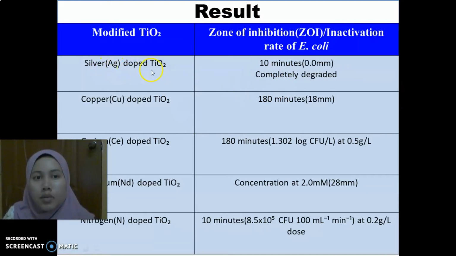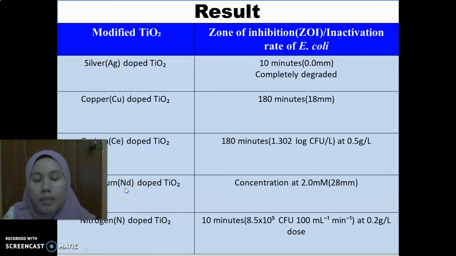The silver dope TiO2 completely degraded E. coli at 10 minutes. For the copper dope TiO2, the zone of inhibition is 18 mm at 180 minutes. For the cerium dope TiO2, the inactivation rate of E. coli is 1.302 log CFU per liter at a concentration of 0.5 gram per liter at 180 minutes.